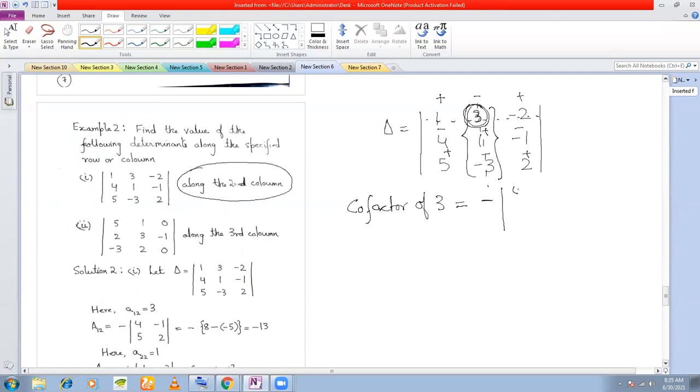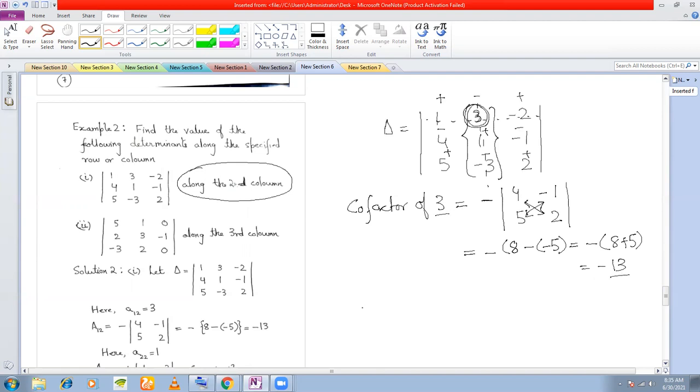The minor is 4, -1, 5, 2. By shortcut, multiply these two: 4 into 2 gives 8, and multiply these two, you get -5, so minus of -5. You get minus of 8 plus 5, which is 13, so -13. Clear with this? Yes, sir. So the cofactor of 3 is -13.